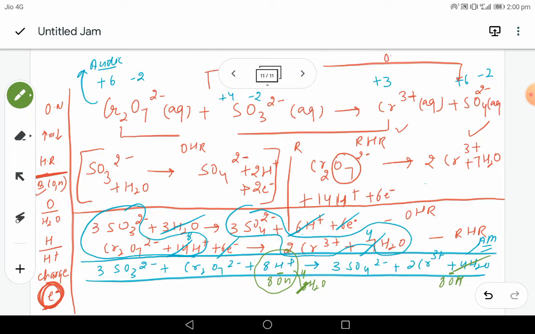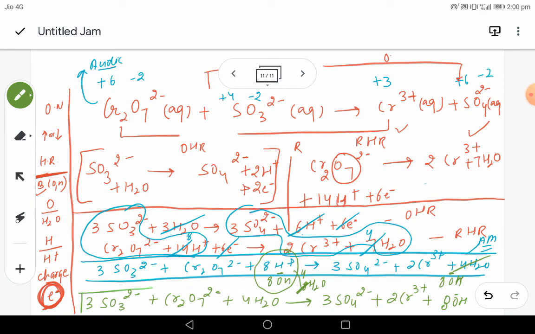Now this is the basic medium reaction. 3SO3 2 negative plus Cr2O7 2 negative plus 4H2O. It will form 3SO4 2 negative plus 2Cr3 positive plus 8OH negative. This is the answer that we are getting for the basic medium.